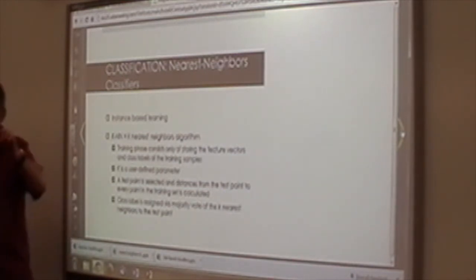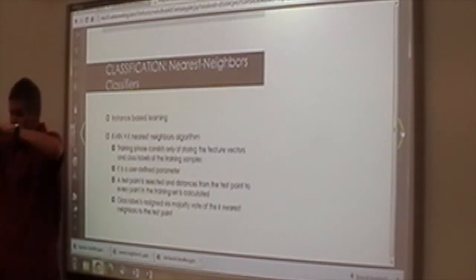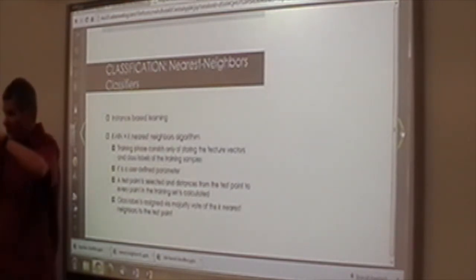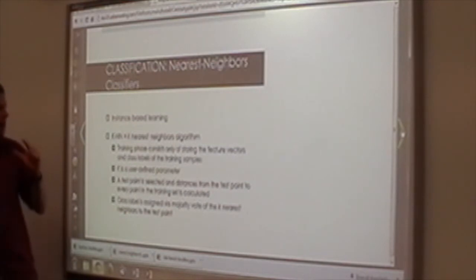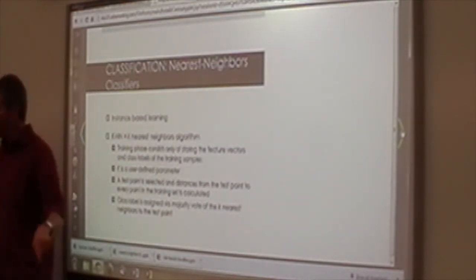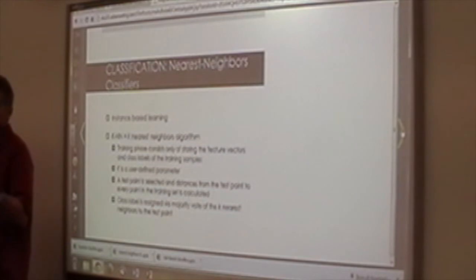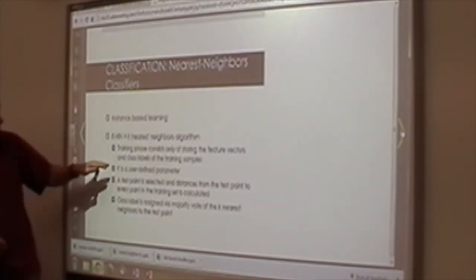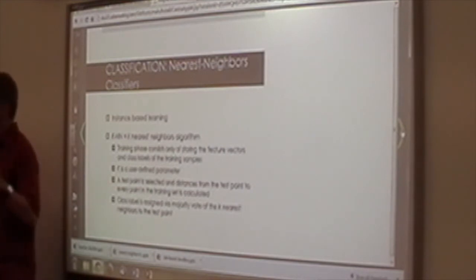You're going to measure your distance from your test point to all the instances from your training set. And you're going to select from those the k nearest neighbors. So it could be the 10 nearest neighbors or the 73 nearest neighbors, whatever your value of k is.